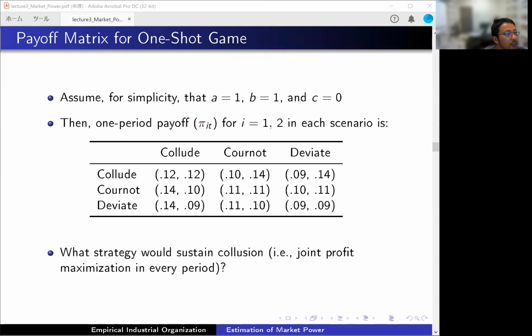If firm 1 deviates and produces the Cournot level of output, then firm 1 gets 0.14, while firm 2 gets 0.10, and so on. The question here is, what strategy sustains collusion if the one-shot game is repeated infinitely many times, where the two firms interact over time?